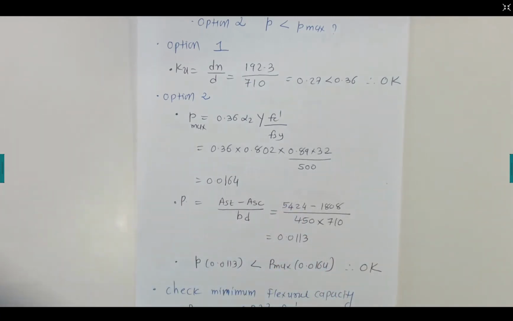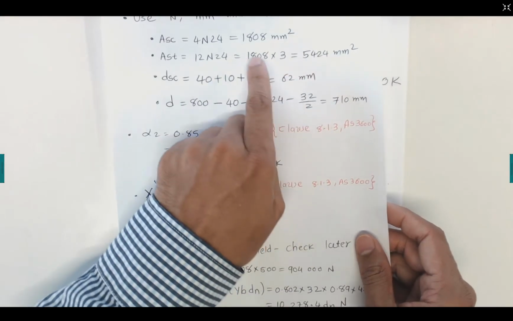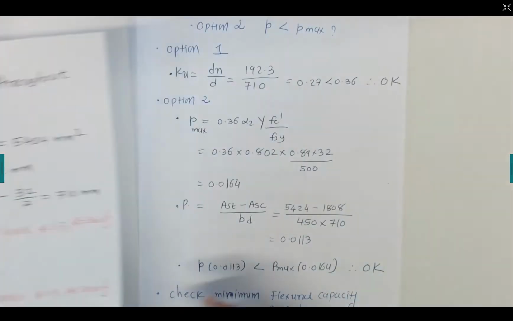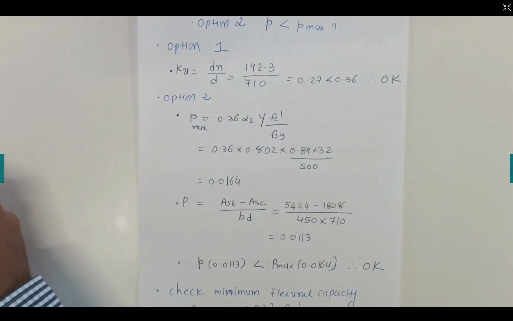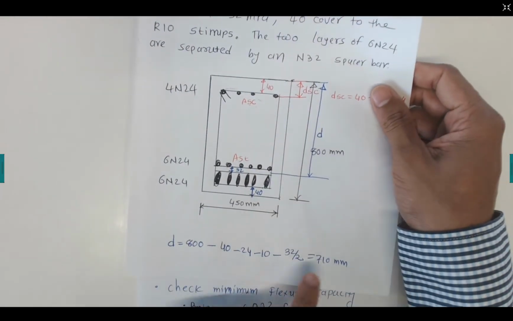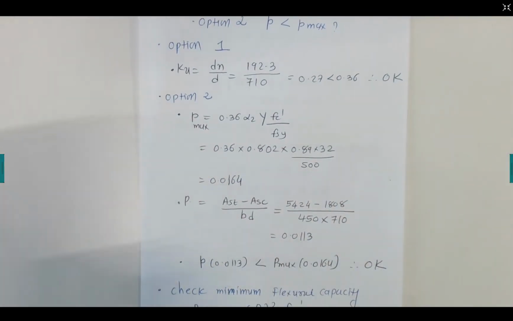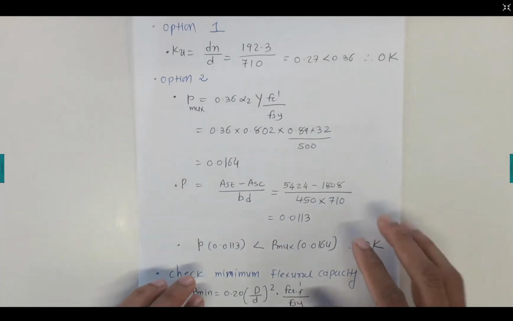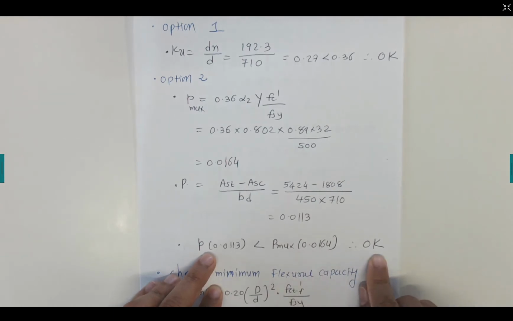The area of bottom reinforcement, AST, is 5424, given here. The area of top reinforcement is 1808. B is 450, given in the question, and D is 710. So we get 0.0113. We compare both values. P is less than P maximum, so the ductility is okay.